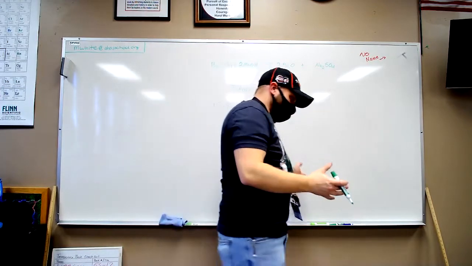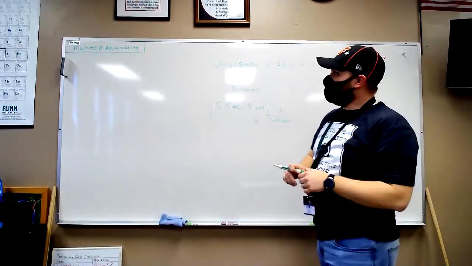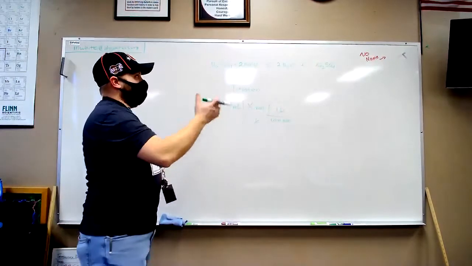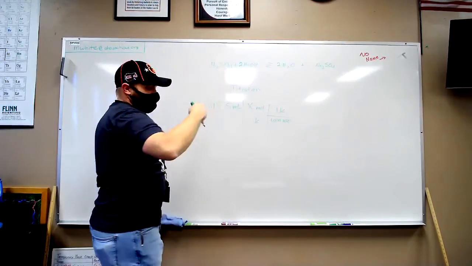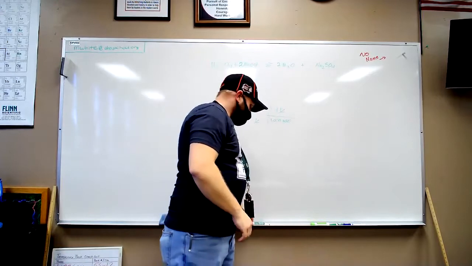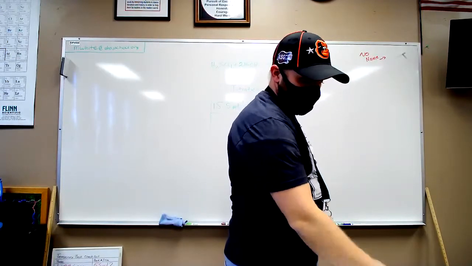And once we have the number of moles, we divide it by the volume that we started with. Okay? So if we started with 25 milliliters, we divide however many moles of that by the volume.